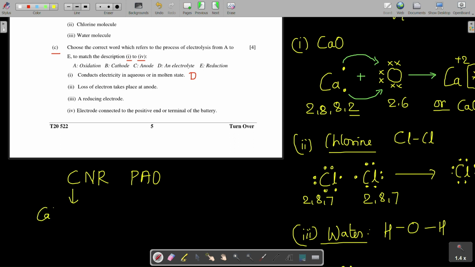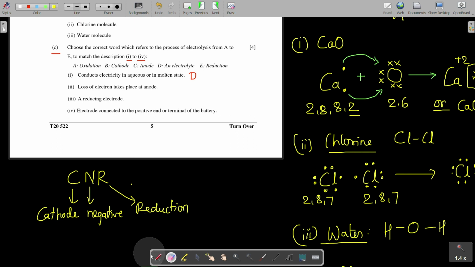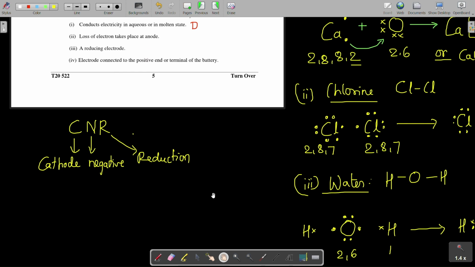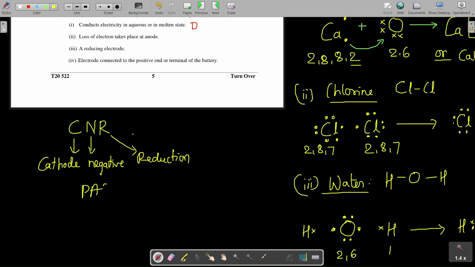C, cathode, N, negative, R, reduction. Similarly, PAO: P, positive, A, anode, O, oxidation.